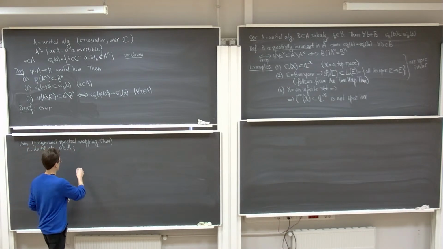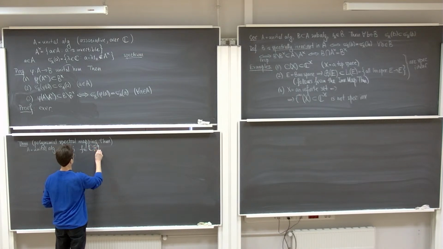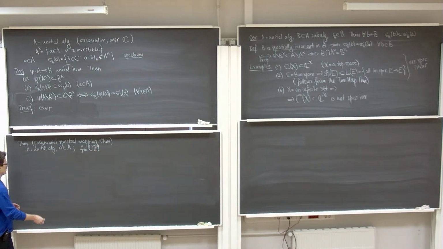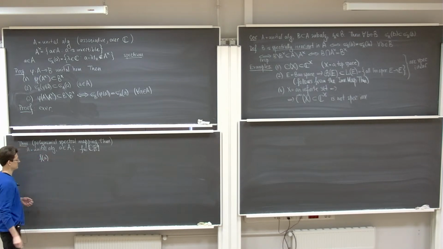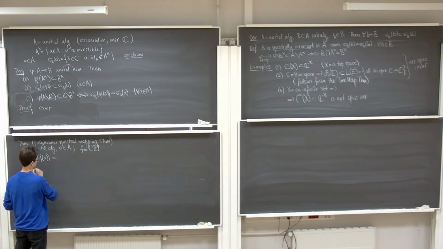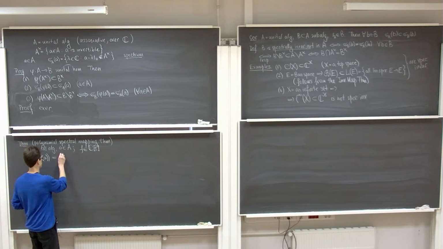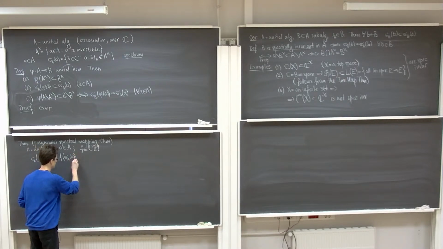And let's take a complex polynomial f of one variable. Well, we can always consider the element f of a. A is a unital algebra, so we can substitute little a into our polynomial and get another element of the same algebra. So what is the spectrum of this element? Well, the answer is given by the following nice and easy to remember formula. This is f of sigma of a. That is the image of the spectrum under f.